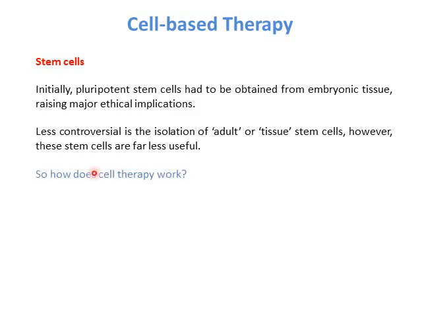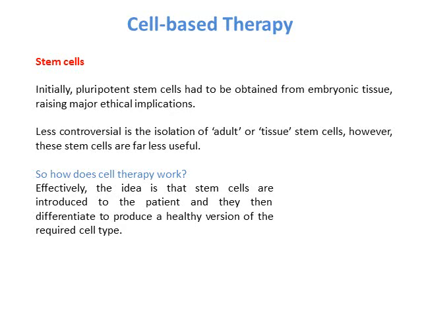So how does cell therapy work then? What's the basic concept behind it? Well, in its most basic sense, the idea is that you simply introduce healthy stem cells into a patient, and provide the stem cells with the necessary signals so that they differentiate into the tissue type you're interested in.